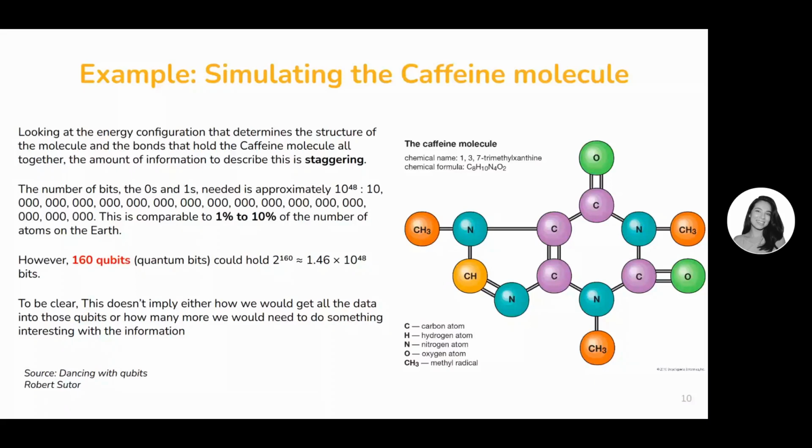This is more of a thought experiment that would compare the computational power of simulating the caffeine molecule using classical information versus quantum information. The idea is that we have large information.